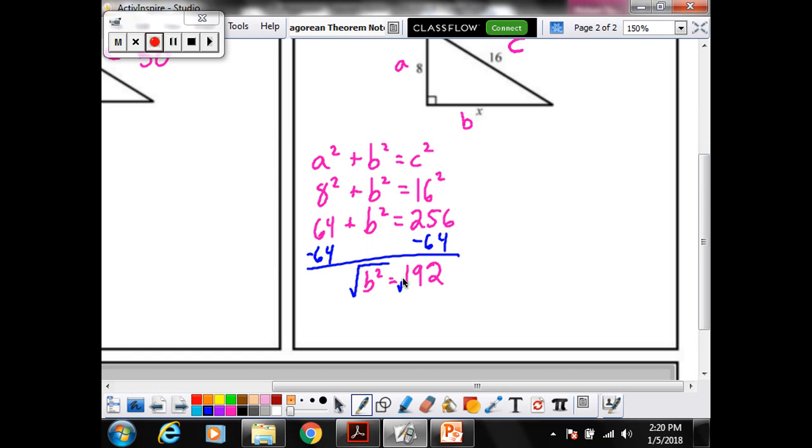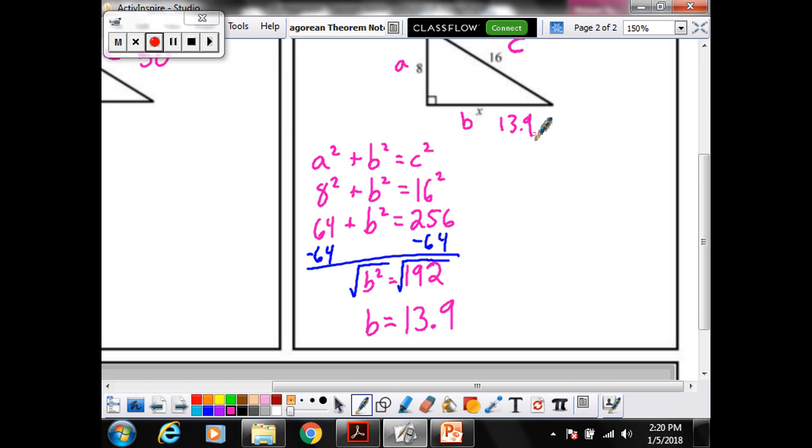We're going to take the square root of both sides, and when we do that, we get b equals the square root of 192, which gives us this crazy decimal, so we'll round it to the tenth. When we round it to the tenth, we get 13.9. So then the length of this leg is approximately 13.9 units, inches, feet, whatever it is.